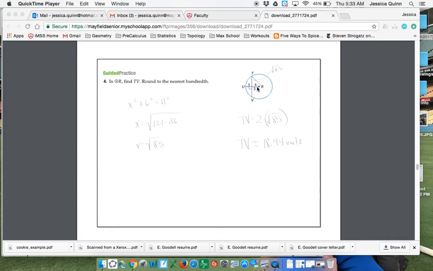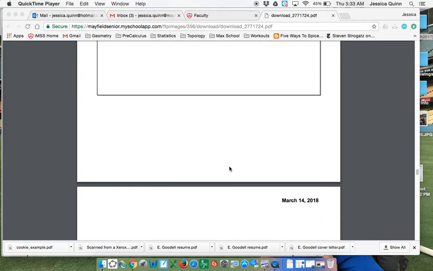So we have 6 squared plus x squared, or whatever you want to call it, equals 11 squared. And that's how you get the length of segment TV, right? So this right here is square root of 85. TV would be double that because this is perpendicular, so it's bisecting it, and that's how we got TV equals 18.44.